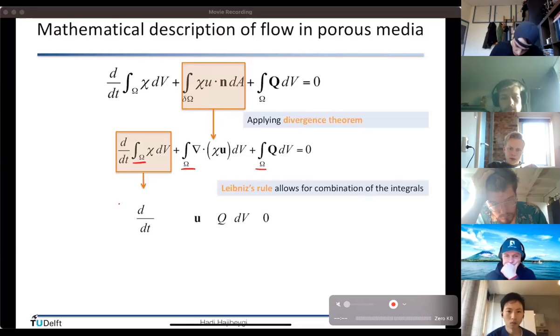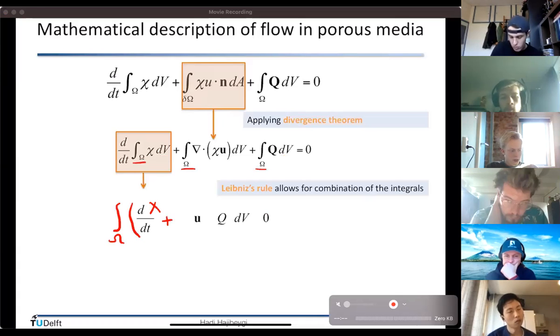So it's the integral over omega of d/dt of x plus divergence of xu plus q, dV, equals 0.